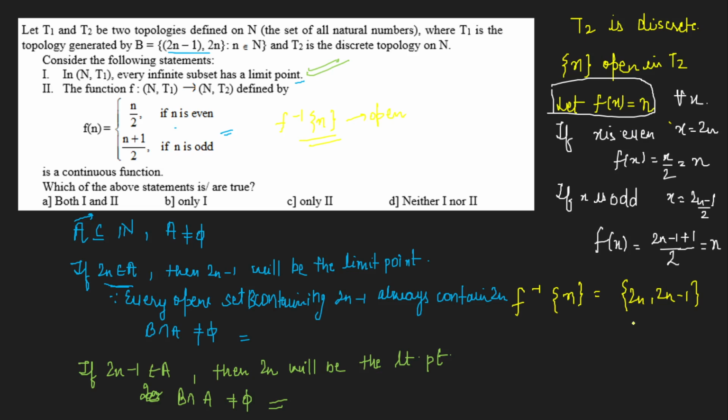So this is my open set in T1. So I'll say that f inverse of n is open from here. If it is open, then that means f is continuous. So I get from here that f is continuous. So that means statement 2 is also correct. So which option is true here? Option A is the correct answer.